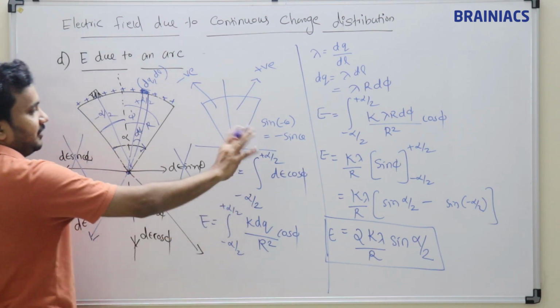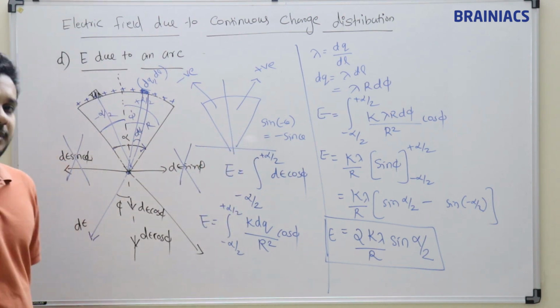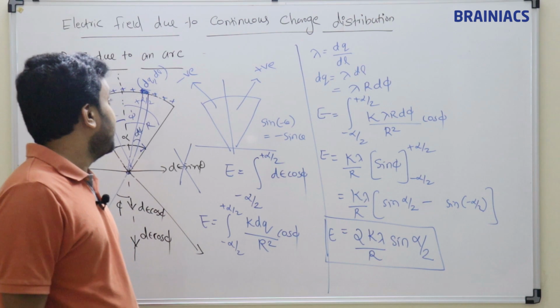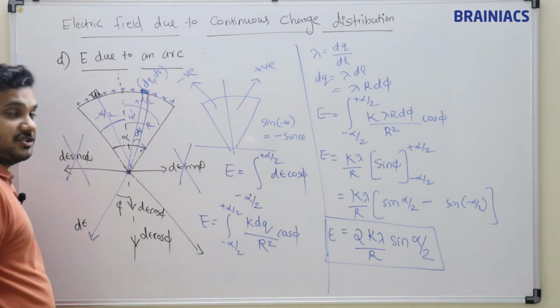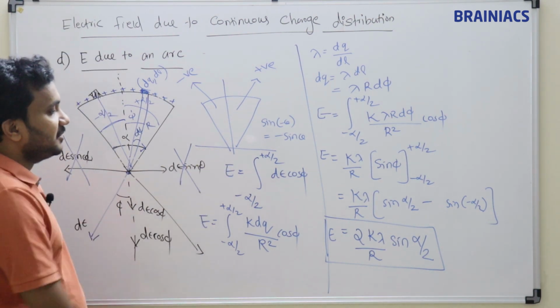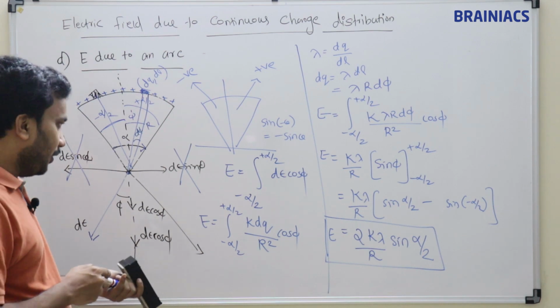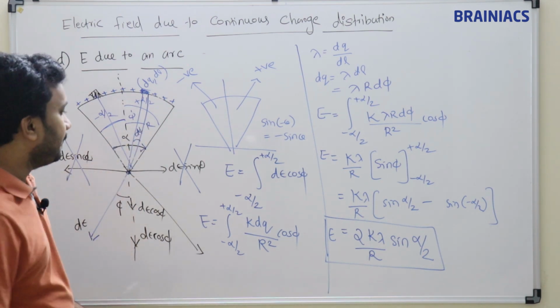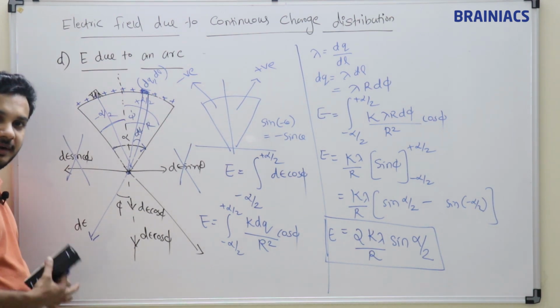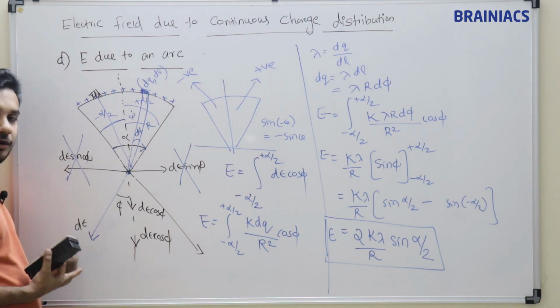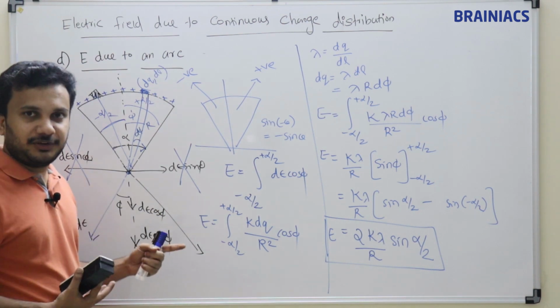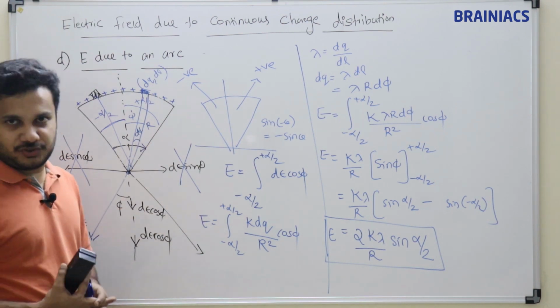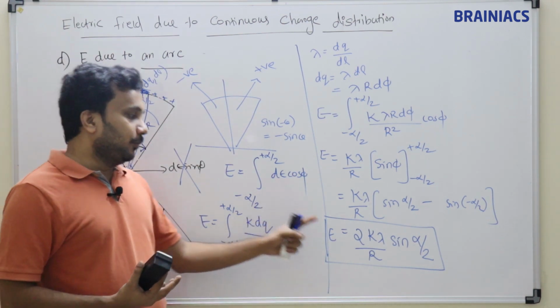This is the normal simplification we have seen for subsections B, C, and the same thing in D also. Now this is a very generic equation for an arc. Hope you have noted it down, else please pause the video and complete the notes. Okay, then we'll move forward.